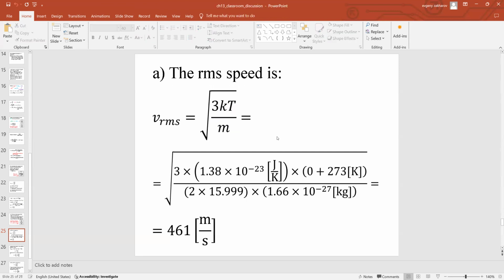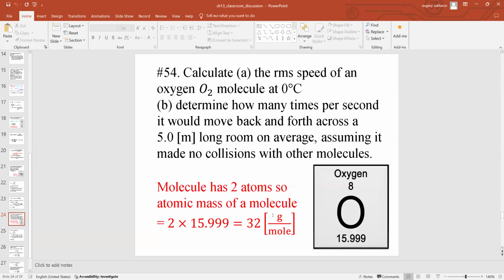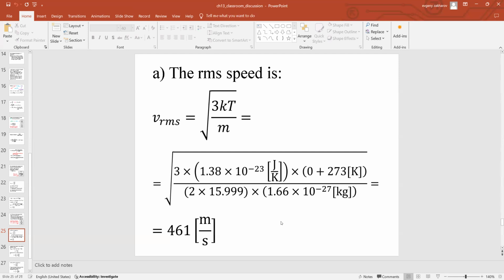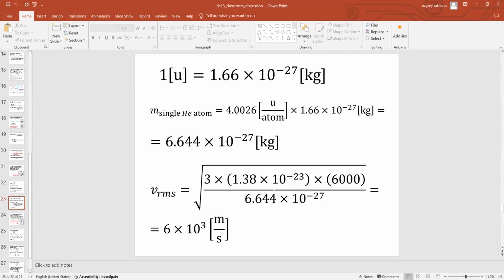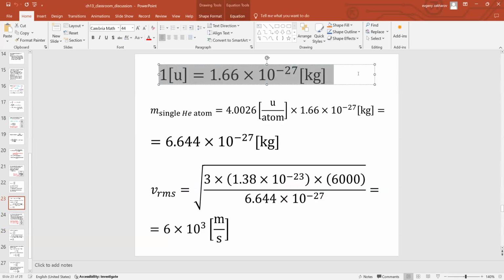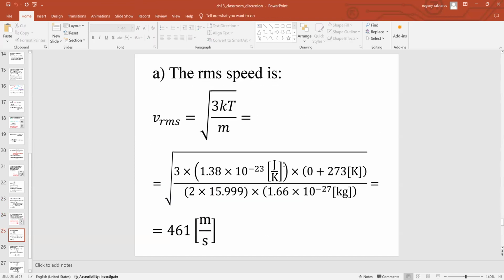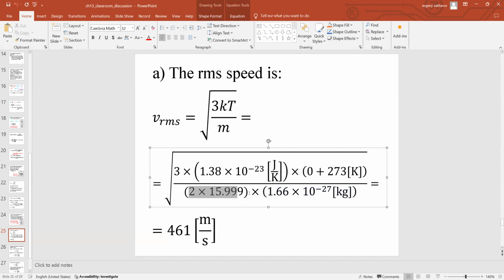And for the mass, you go with the grams per mole, convert to kilograms, and then use the conversion from U's to kilograms. So what you have here is molar mass multiplied by the conversion factor, and the molar mass in kilograms.